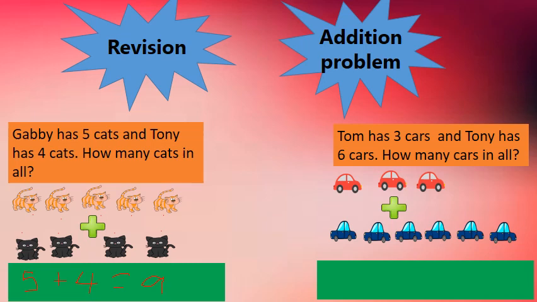As you can see, there are 3 cars there, and the second given number is 6. So again, let's count them all together. So again, let's count. 1, 2, 3. So I'm going to write down 1, 2, 3.